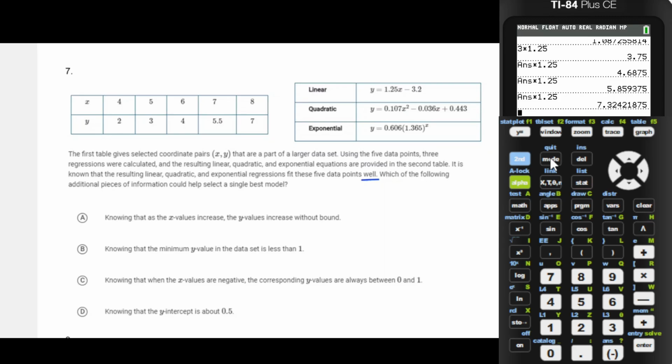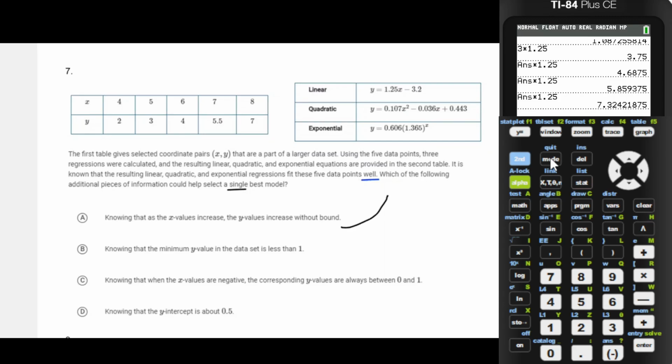I don't see anything about a residual plot. Okay, so I'm going to actually have to look at this. All right, so 2, 3, 4, 5.5, and 7. So I'm seeing some increase. Okay, this would not help. Here it is. As x increases, y increases without bound.